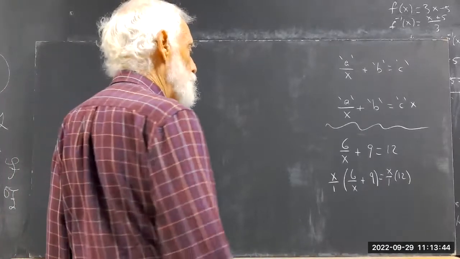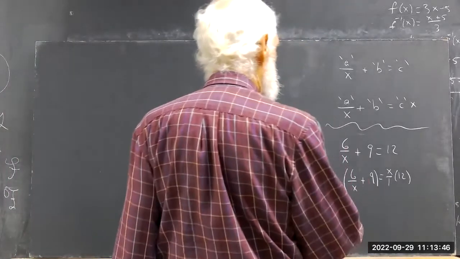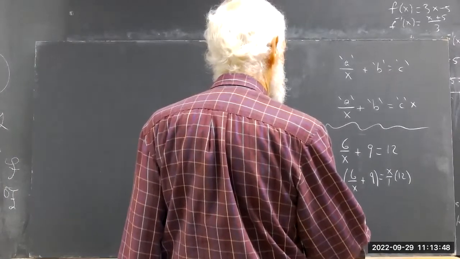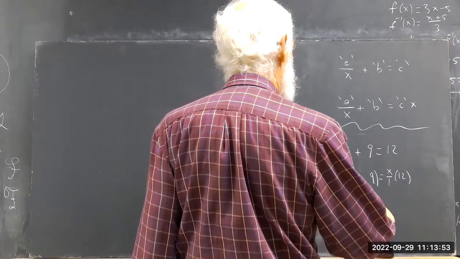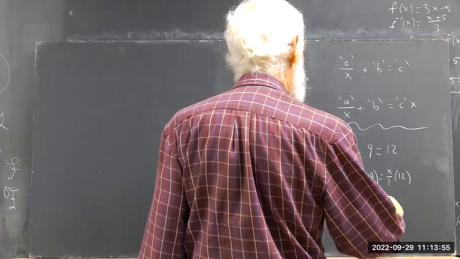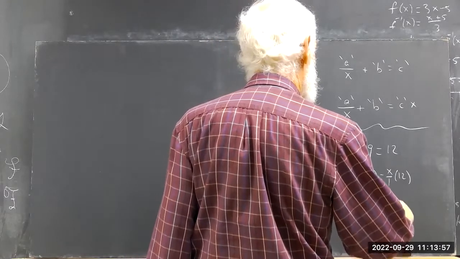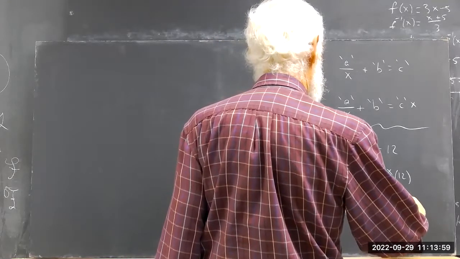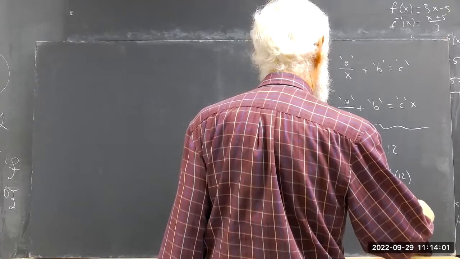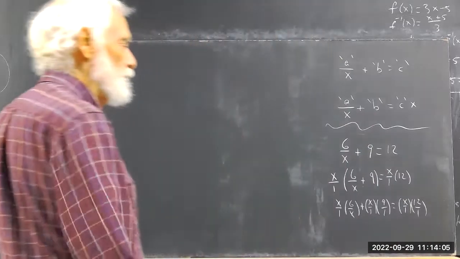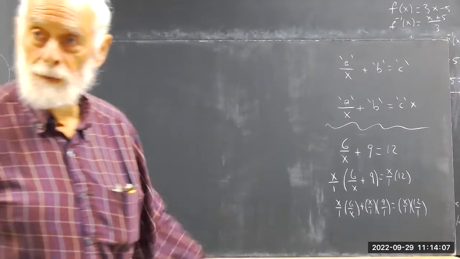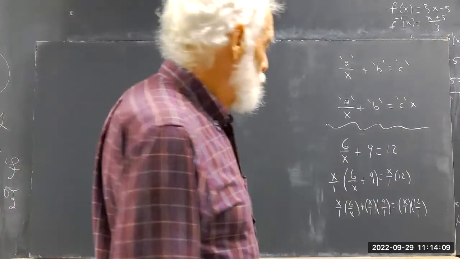And we're going to get x over 1 times 6 over x. I'm just going to put everything over 1 since we're dealing with fractional expressions.